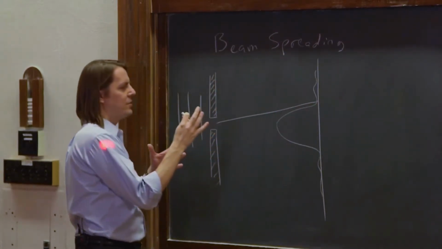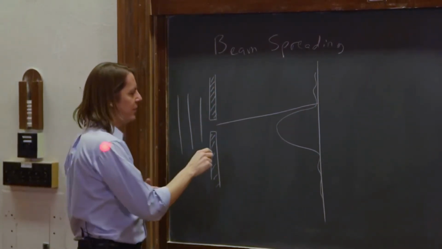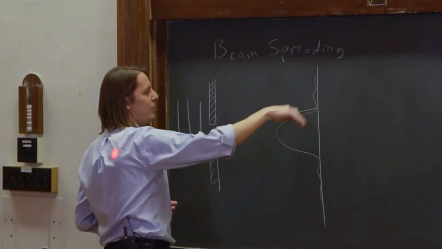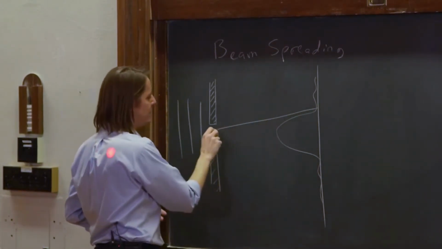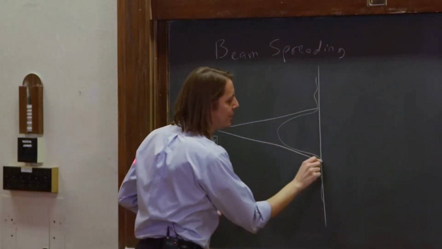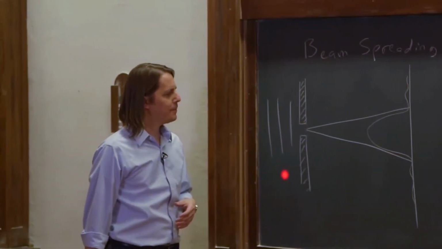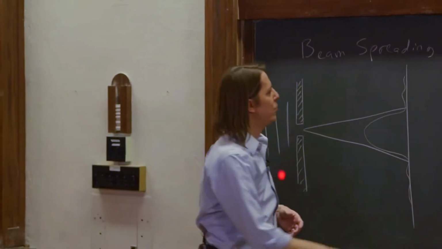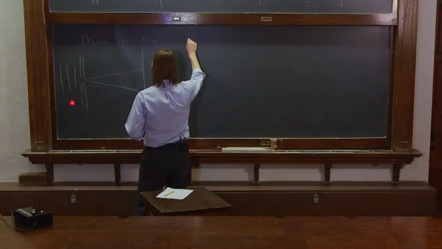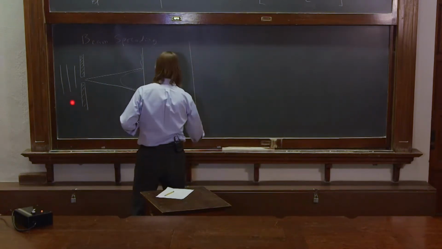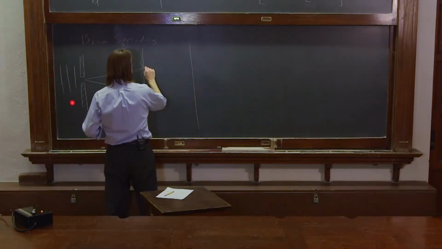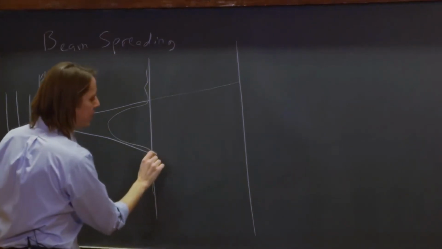So if we consider this central lobe of the sinc squared function as the beam, and most of the power is in that central lobe, there's not as much out there, then you might say the beam looks kind of like that. And then if you were to plot on a screen further away, sure enough, it would continue to spread like this.